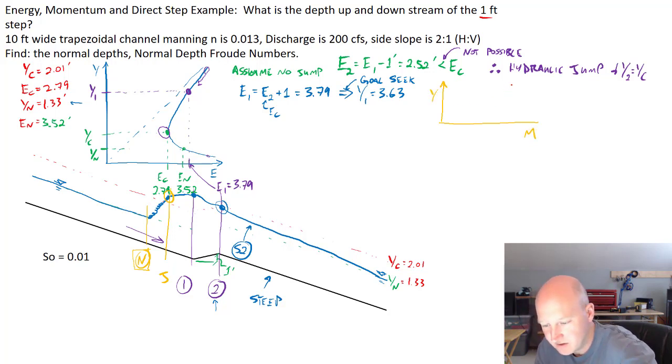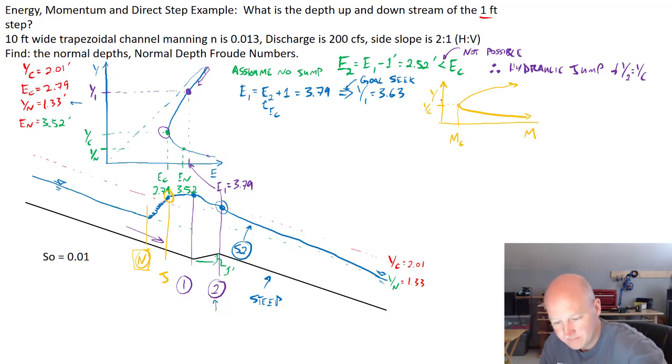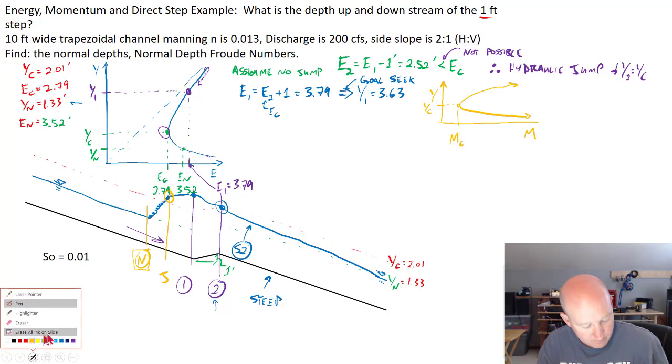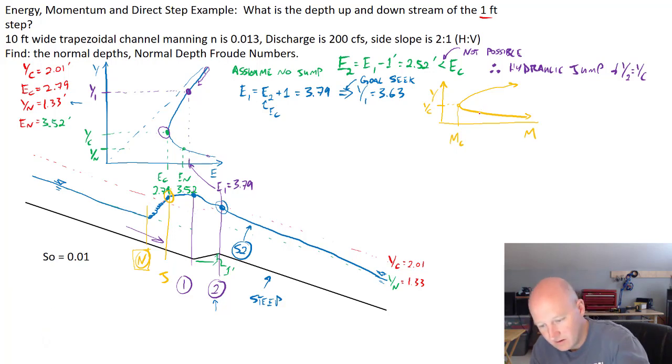it has the same kind of shape. It's not exactly the same, but it turns out that this point is the critical depth. And then here's our normal depth.